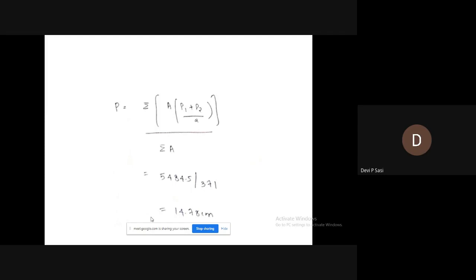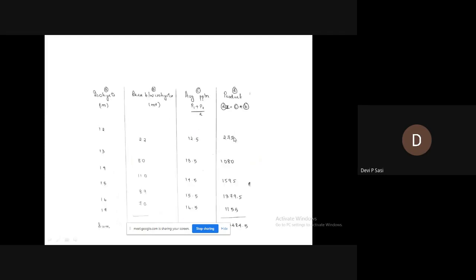Now what is the equation for the isohyetal method? The equation is P equals sigma A into (P1 plus P2) by 2, divided by sigma A. Sigma A into (P1 plus P2) by 2 is our fourth column.